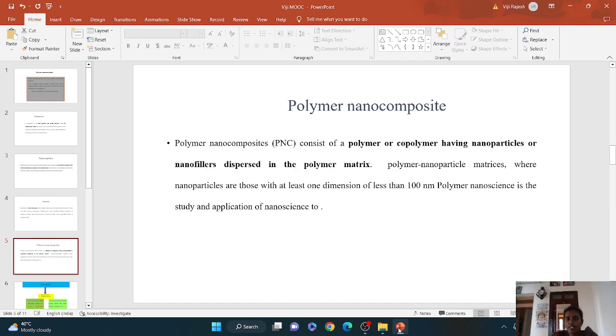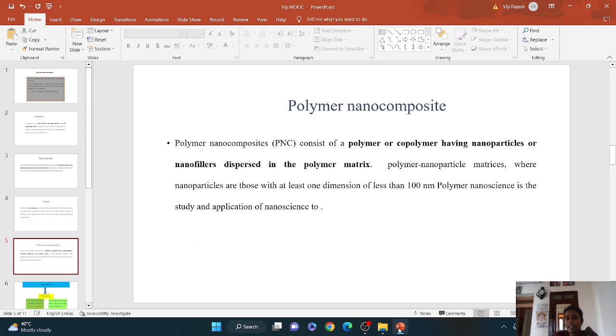Polymer nanocomposites are generally noted as PNC. A PNC consists of a polymer or copolymer having nanoparticles or nanofillers dispersed in a polymer matrix. The nanofillers are metal oxides, clays, or any material in the nano range. These nanoparticles are incorporated into a polymer or copolymer, and finally we get a composite material.